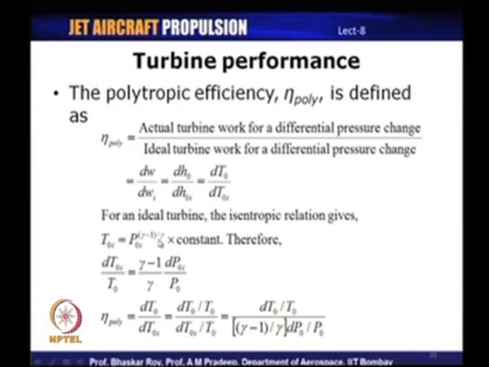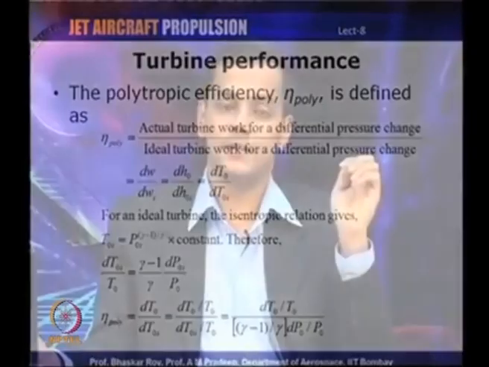Now, we will also define a polytropic efficiency very much the same way as we did for a compressor, because the turbine also involves multiple stages, or the expansion process is occurring in multiple stages. So, we can define a polytropic efficiency for a turbine as well, exactly the same way as we defined for a compressor, with the corresponding changes because of the nature of the process itself.